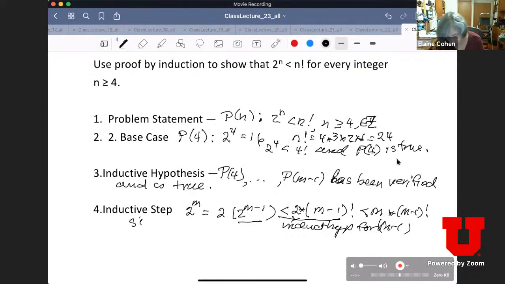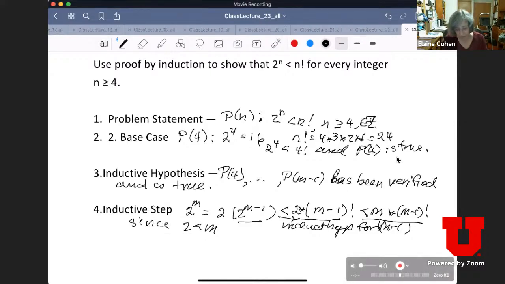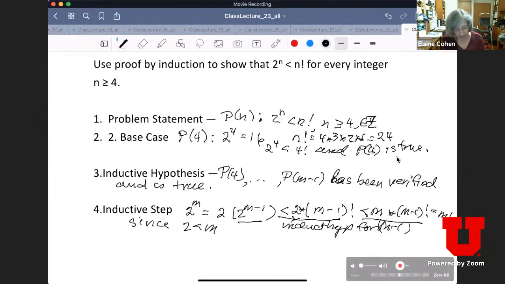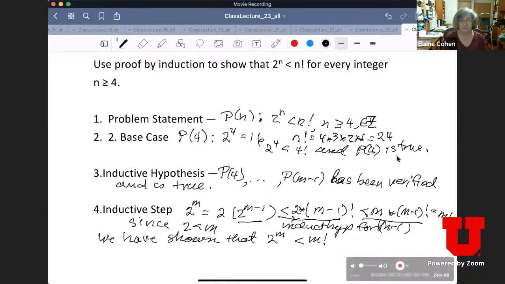And the next one is true since 2 is strictly less than m. So I have replaced 2 times m minus 1 factorial by m times m minus 1 factorial, a much bigger number. Okay, and this is equal to just m factorial. So we have shown that 2 to the m is strictly less than m factorial.